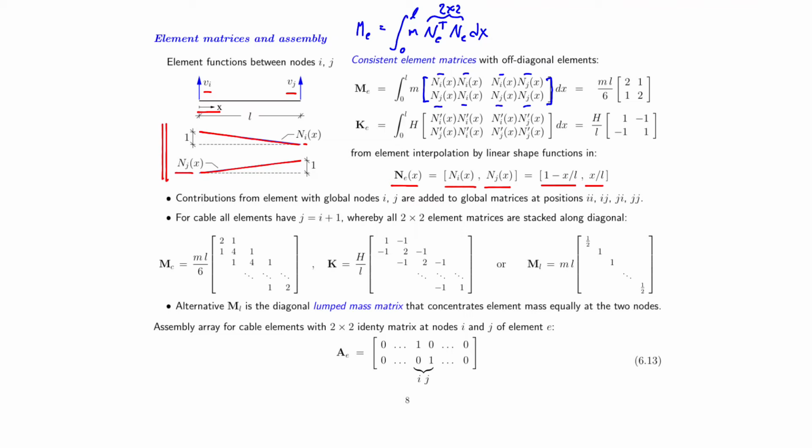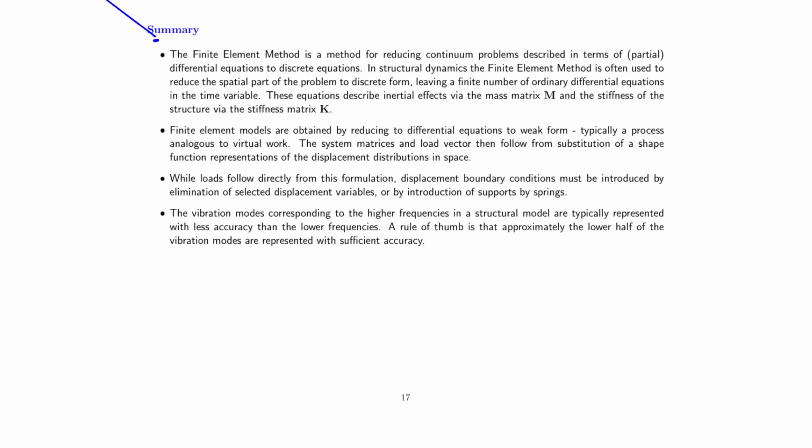Let's have a look at, for instance, how we could calculate this upper left component of our element mass matrix. So let's look for the element mass matrix, component 1, 1, and this will be equal to the mass.